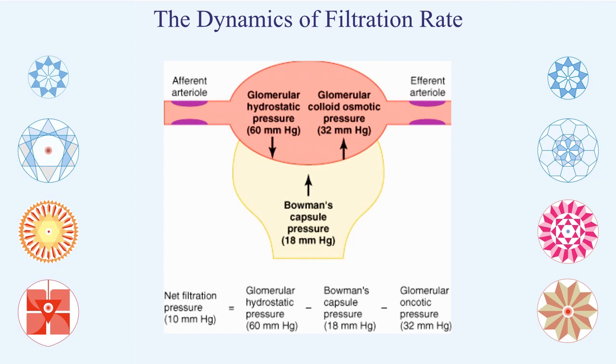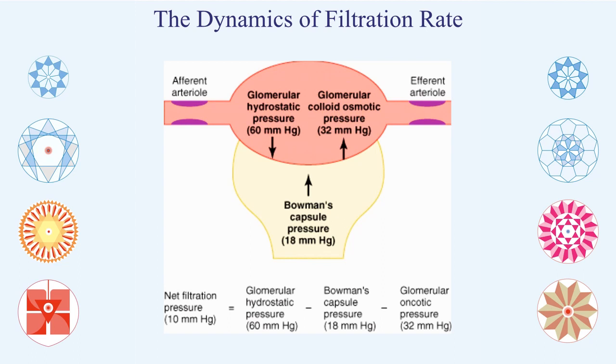But now let's come down to the net filtration pressure, which is equivalent to 10 millimeter of mercury. How is this calculated? Glomerular hydrostatic pressure of 60 mm minus the capsule pressure of 18 means it is 42.